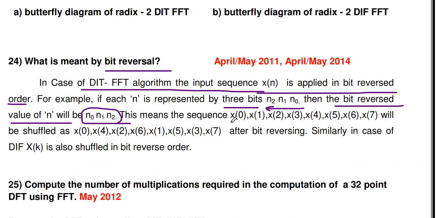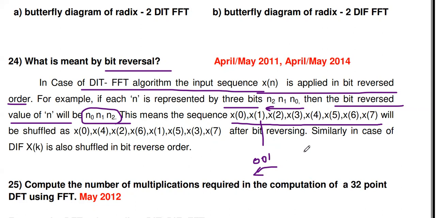This means that the sequence x of 0, x of 1, x of 2, x of 3, x of 4, 5, 6 will be shuffled as follows. What is the index corresponding to 0? 0. If you shuffle 0, we get 0 only. Similarly, what about index 1? We can write 1 in 3 bits as 0, 0, 1. This 0, 0, 1 we have to reverse.